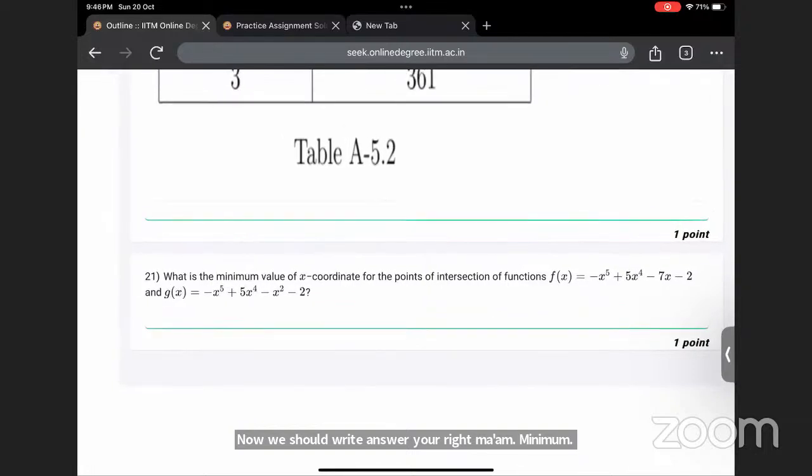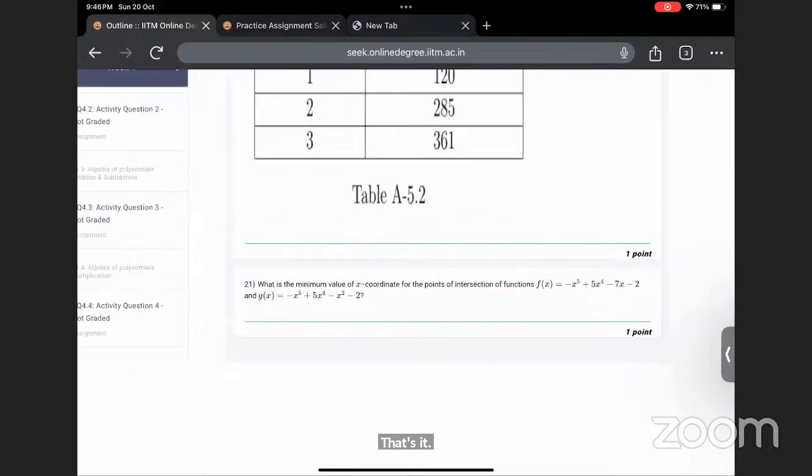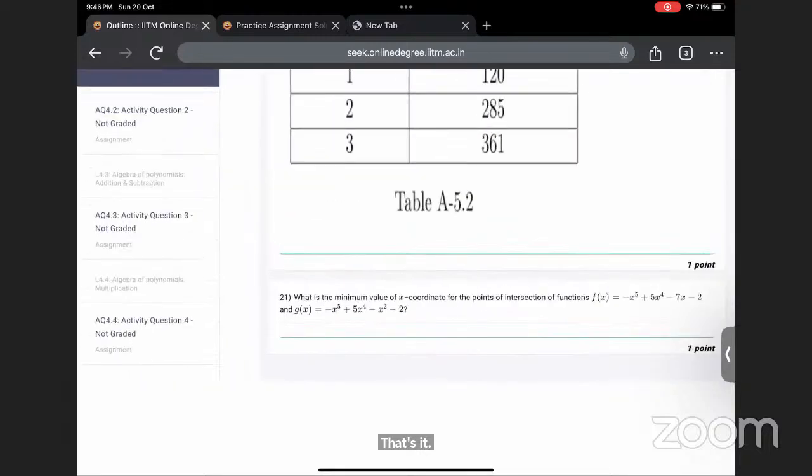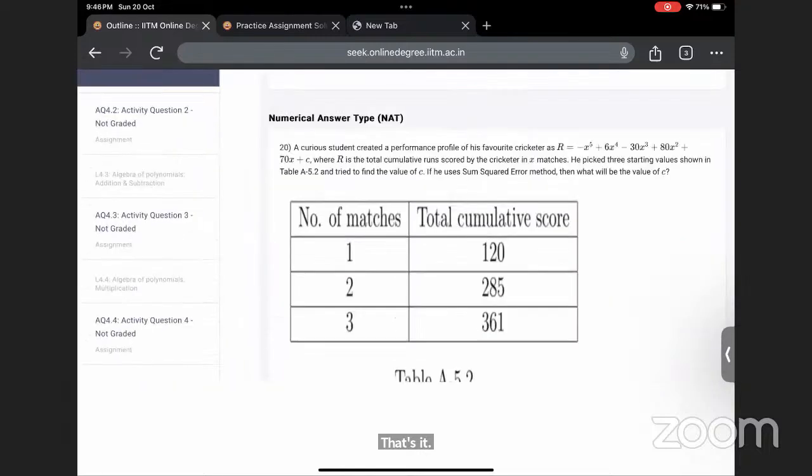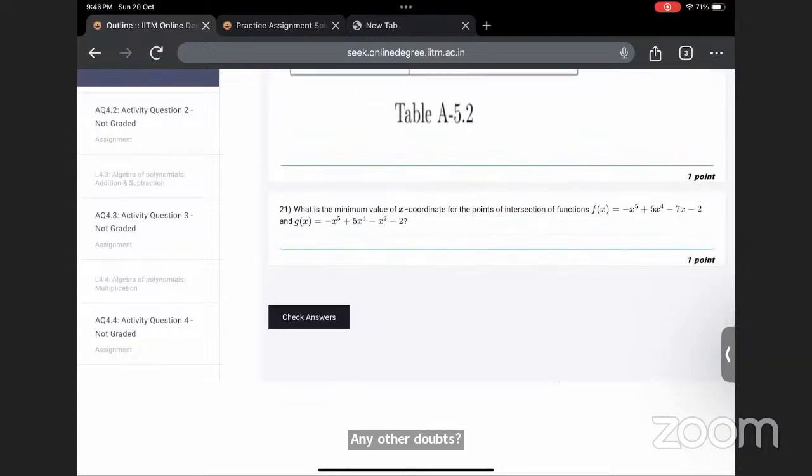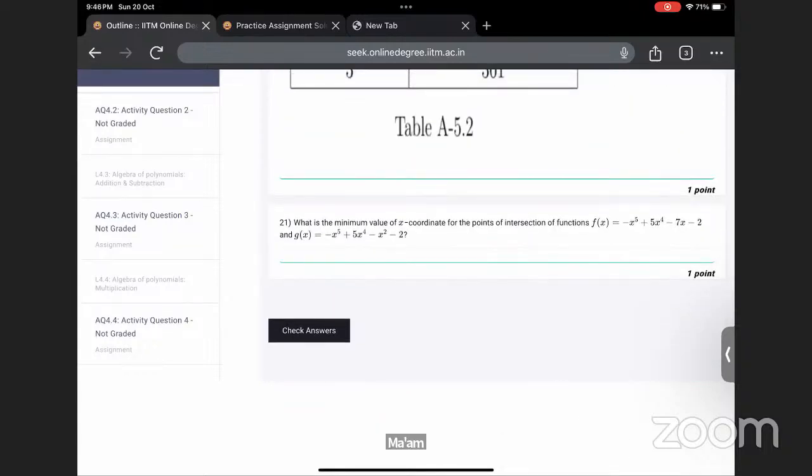Yes, because the intersections are 0 and 7, so the minimum value is 0. Any other doubts? Ma'am, if there is 0 and minus 1, then the answer is minus 1. Yeah, you have to take the minimum, what they are asking, right? Just take the minimum.